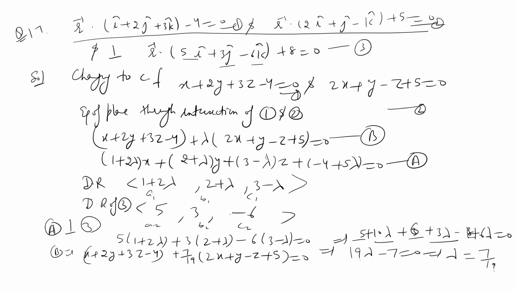Now in one go we can complete the equation. 19x plus 14x will be 33x, 38y plus 7y is 45y, 57z minus 7z is 50z, and minus 19 fours plus 7 fives, so you will get minus 41 equal to 0, which is the desired equation.